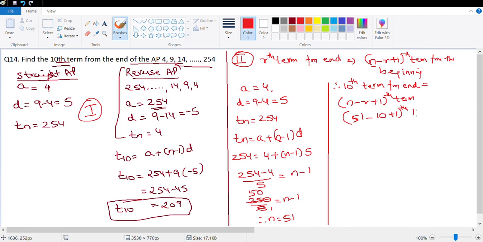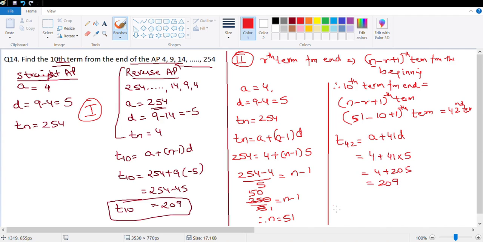So this is 51 minus 10, 41, plus 1, that's 42, which means the 42nd term. So what we need to figure out is T42, which will be equal to A plus 41 times D. That is A, which is 4, plus 41 times D, which is 5. So that's 4 plus 205, that's 209.